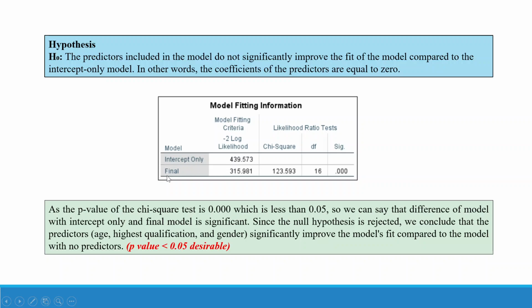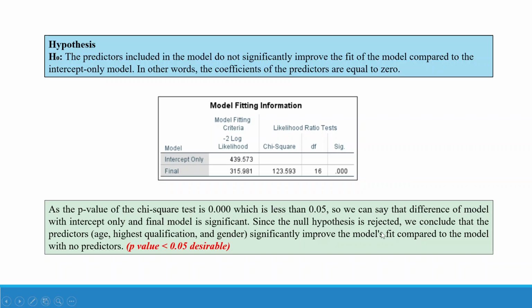Now when we include the predictors in the model, this is our final model, and this value is 315.981. This should reduce. The difference between these two is the chi-square, 123.593, and the p-value should be less than 0.05. Now how will we write the interpretation? As the p-value of the chi-square test is 0.00, which is less than 0.05, we can say that the difference between the intercept only model and the final model is significant.